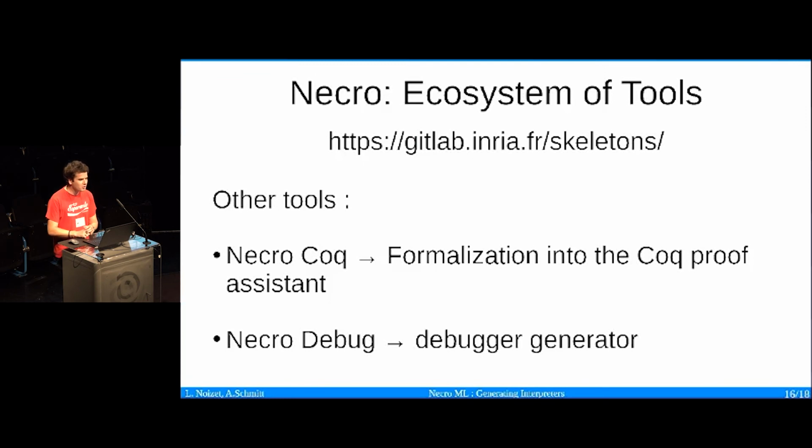There is also NecroDebug, which is a debugger generator, because we found out that when we write a semantics, we make some mistakes. Sometimes it happens, rarely, but it happens. And so we need a debugger to be able to track the issue. And there are lots of other tools which you can find out about by going to this Git repository.